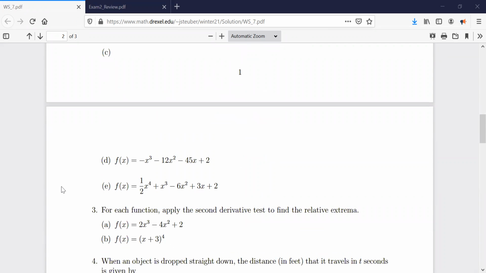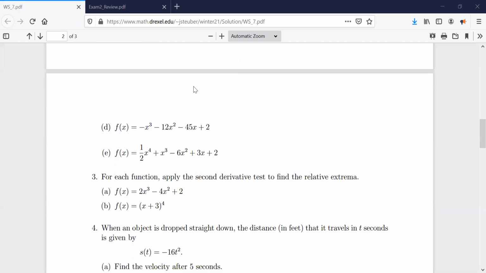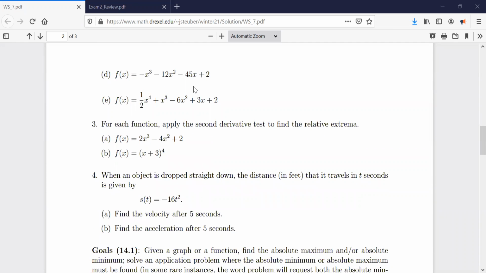Okay, so these two, it's the same basic idea, but now I can actually algebraically solve for the second derivative, right? So the second derivative of this guy is just going to be equal to -6x minus 12.